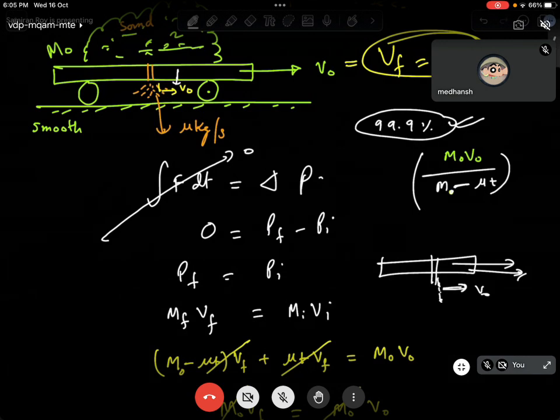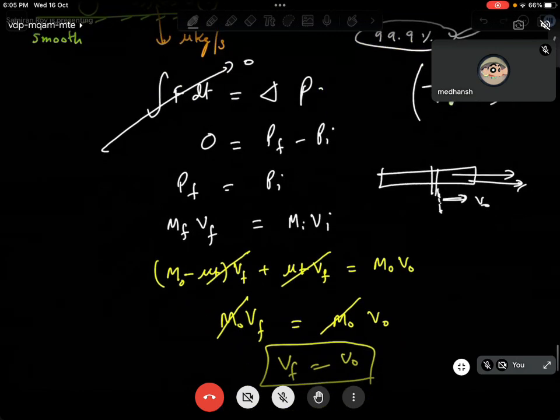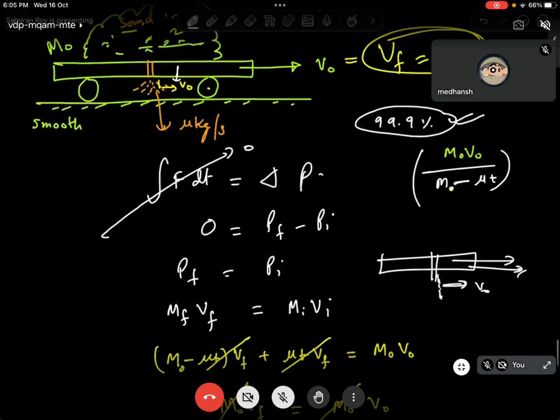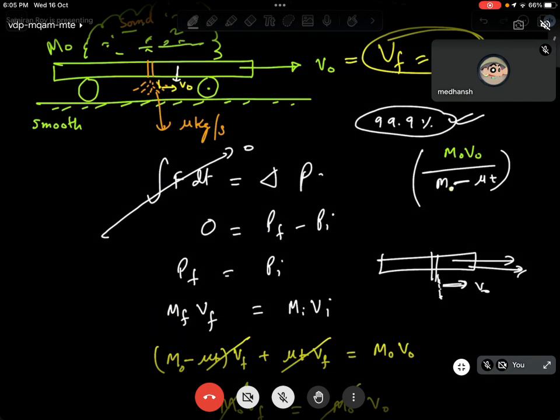But when it is leaving the cart, its momentum is not changing. So the momentum of the cart plus sand won't change just when the sand leaves the cart. So velocity will remain v naught only. Clear, all of you?